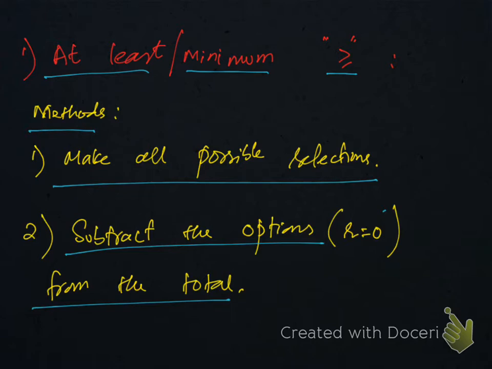So subtract the values of R which are not in this list. For example, 0 or 1, whatever.